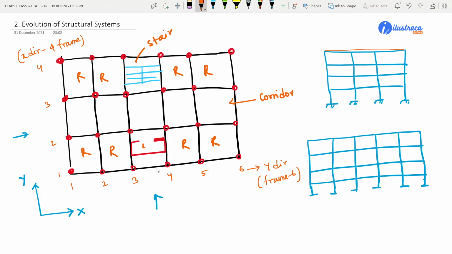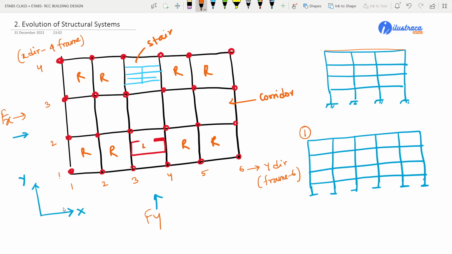But when we have lateral or horizontal loads in terms of seismic force or wind force, the frames along the x direction, these 4 frames, will resist the force coming from the x direction. Similarly, the 6 frames along the y direction will resist the force coming from the y direction. I will just write Fx and Fy.